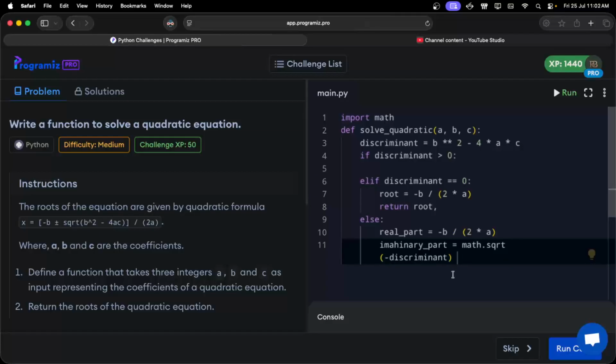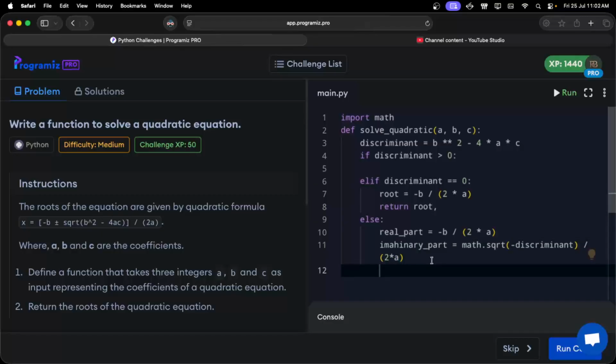So when you get a minus thing inside a square root, it will of course be a little bit different. So divide by 2 times a, and we simply do the imaginary part, and then we can simply return both of them.